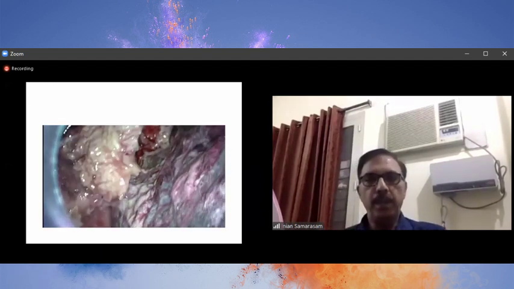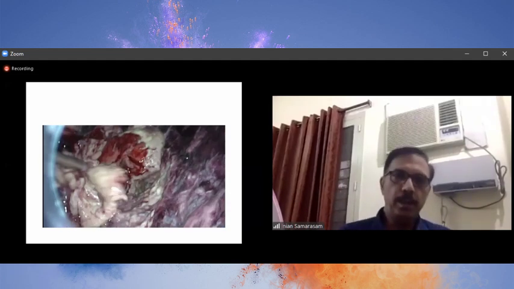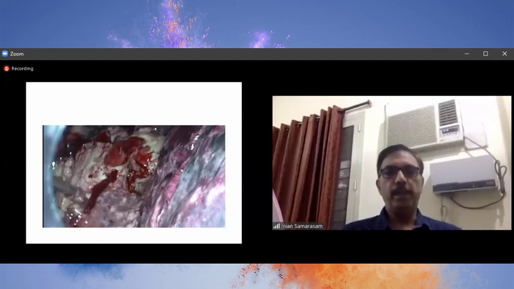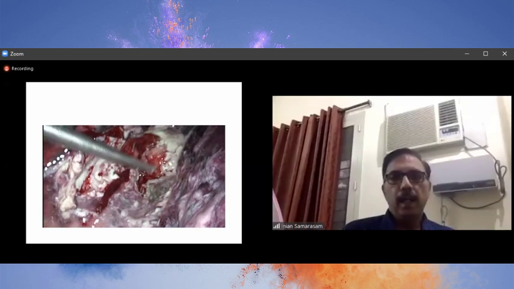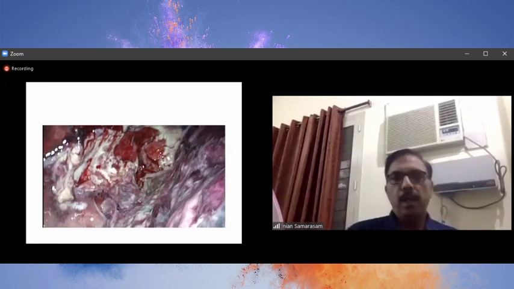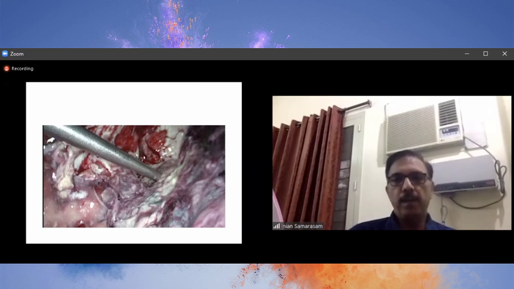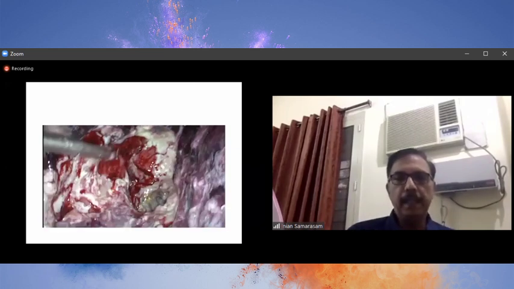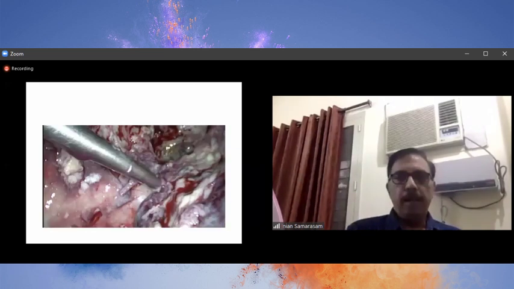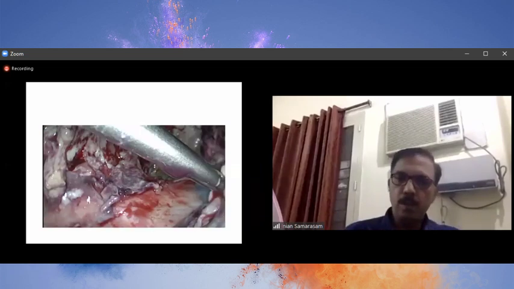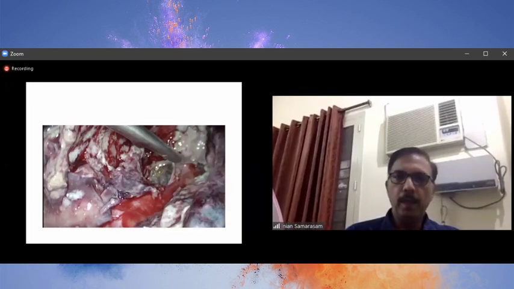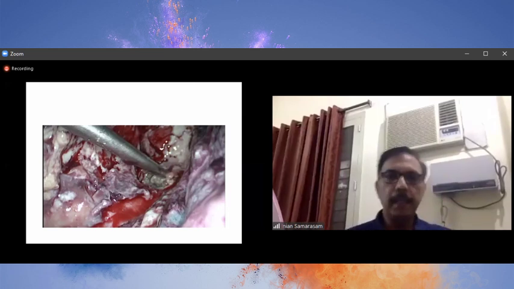Because this patient had a thoracoscopic operation to start with, we were able to do this through a minimally invasive technique. And at the same time, once this was done, we put a stent intraoperatively.